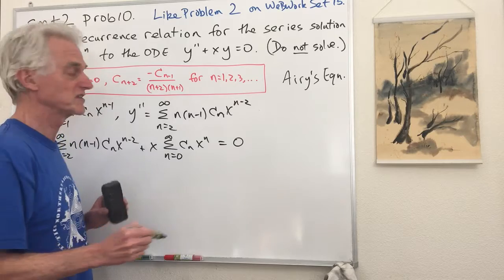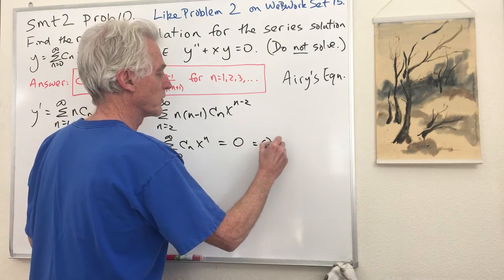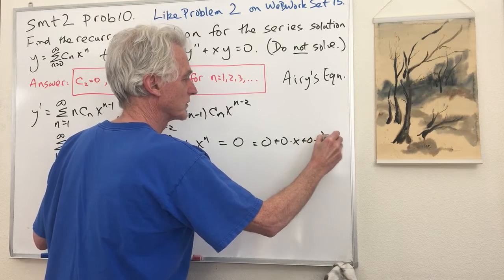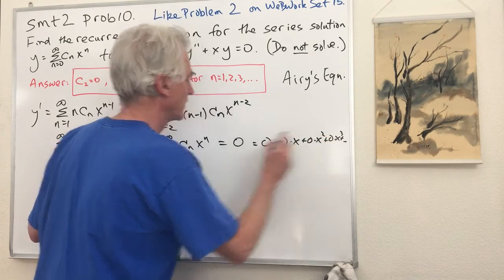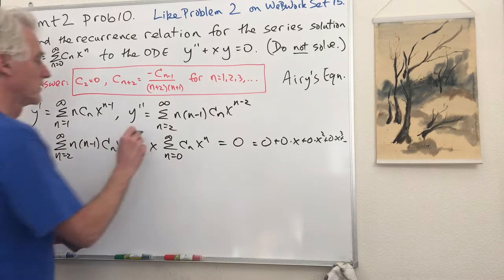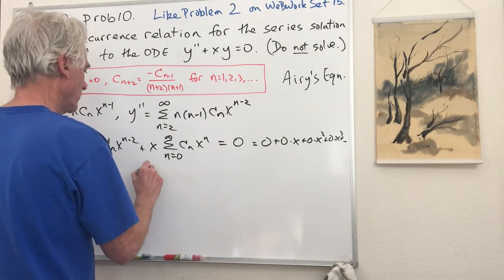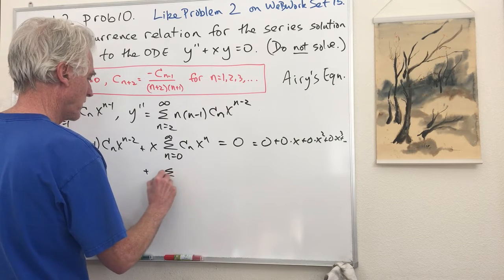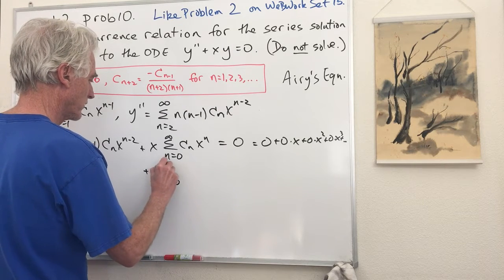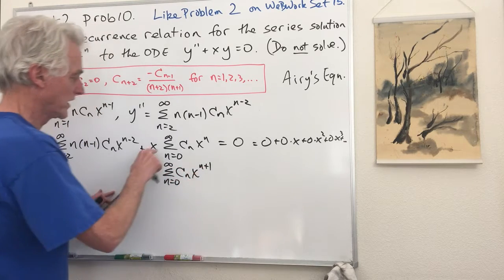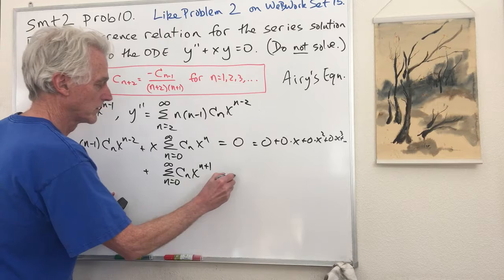That's all going to be 0, which I remind you is 0 plus 0 times x plus 0 times x squared plus 0 times x cubed plus dot dot dot, the 0 function on the right. So this term is plus the sum from n equals 0 to infinity of cn x to the n plus 1, when I bring the x in.